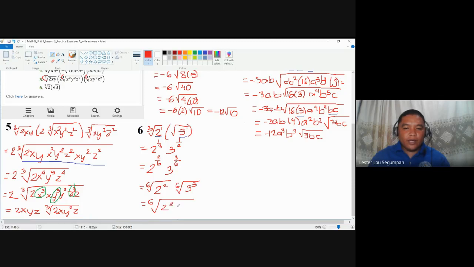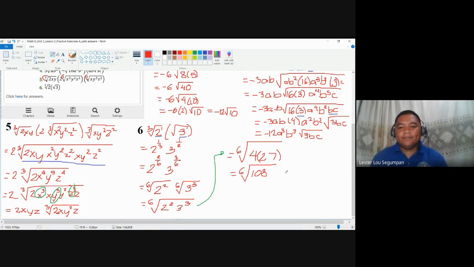That's 2 squared times 3 cubed. Let me write it here, continue it here. So we have 6th root, 2 squared is 4, 3 cubed is 27. So you have 6th root of 4 times 27, which is 108. Correct me if I'm wrong if it's 108.